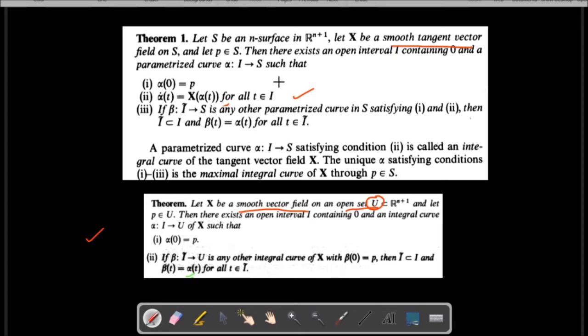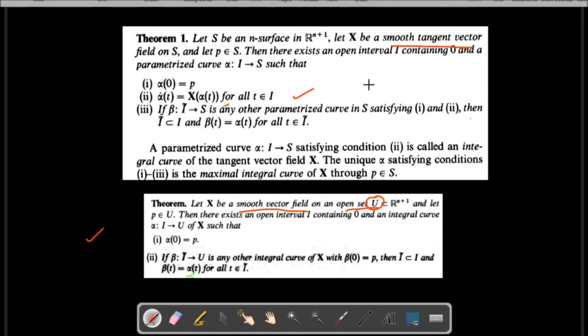So we will first construct an open set that contains S, and we will construct a vector field that is defined on that open set.